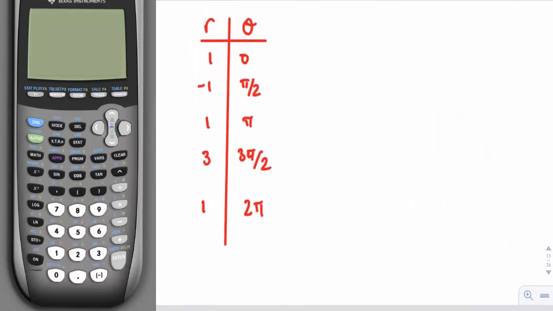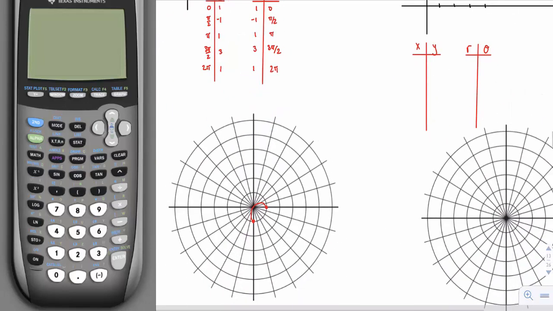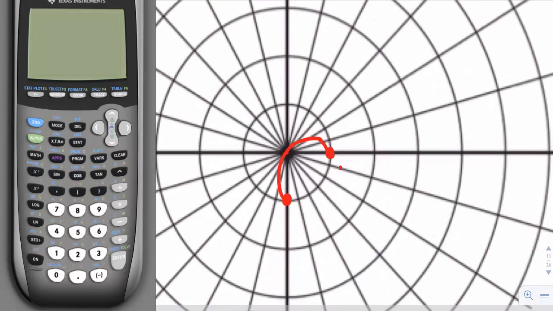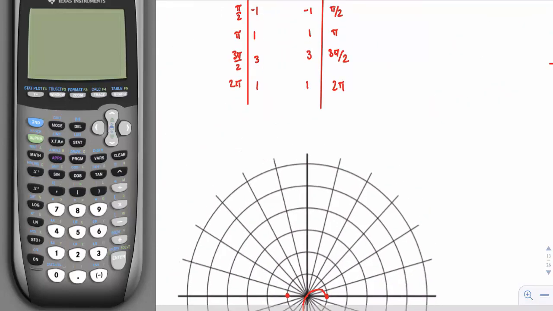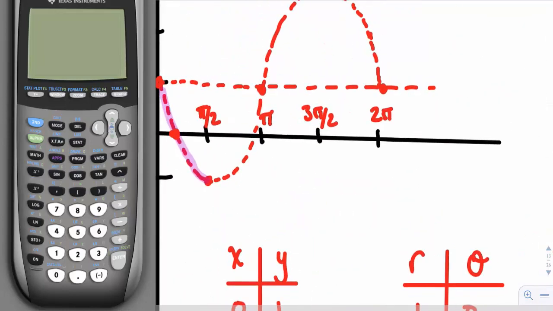Next up, we have the point 1 pi. So I have this point right here at 1, and I'm going to go pi radians. So it's going to bring me over here. So I'm going to have to loop back, and again, notice what it's doing here. As I loop back, in my orange, it's going to pass through 0. That's when my radius is 0.